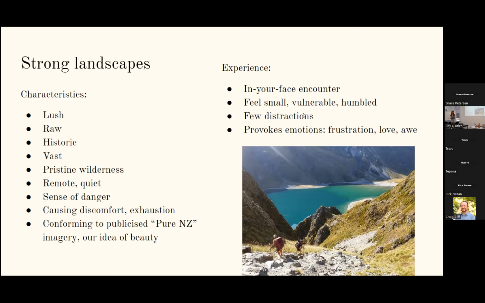So I called these strong landscapes, and the kind of words that came up that should really all be in quotation marks were landscapes that are lush, like forest that has so many things to look at, raw landscapes, ones that feel quite untouched and visceral, ones where there's a strong sense of the past, or ones where you get a strong spatial sense of really wide open vistas.